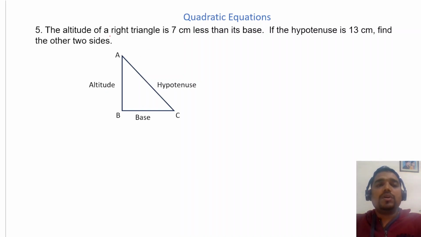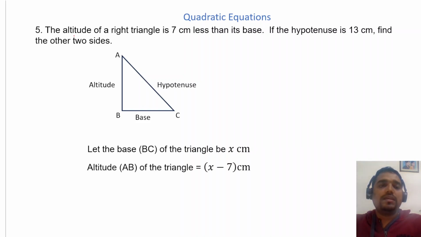Now, because the altitude is given in terms of its base, let us assume the base to be x centimeters. That is, I have assumed base BC to be x centimeters. If the base is x centimeters, then he says the altitude is 7 centimeters less than its base, so the altitude of the triangle would be x minus 7.